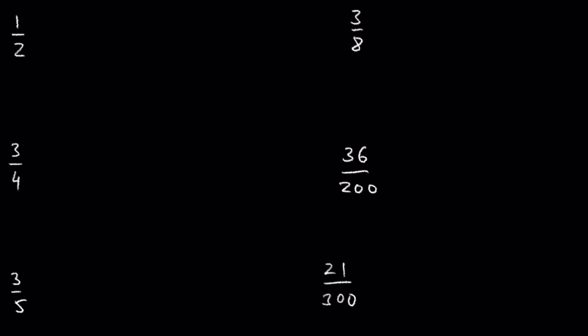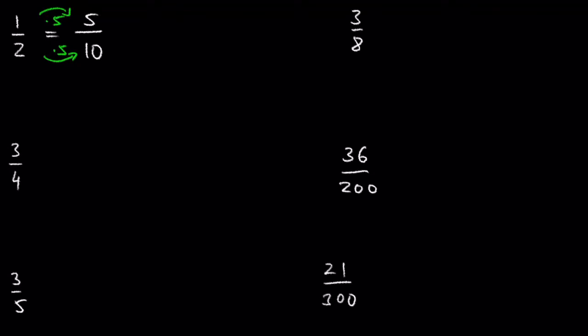Let's try the example 1 over 2. The easiest way is to make a 10 out of a 2. So 2 times 5 is 10, and 1 times 5 is 5.